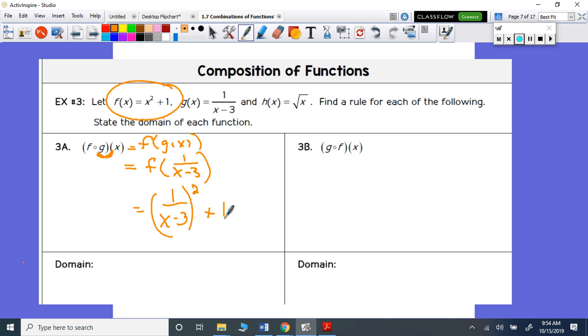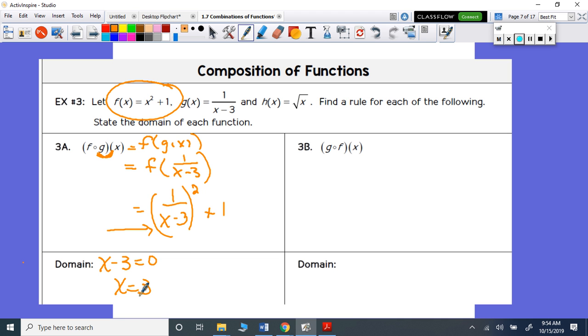The domain, on our quiz, a couple of us tried to do it on the calculator and they got the wrong answer. Remember, if you have a denominator, you need to set that denominator equal to 0, and when you solve for x, that gives you the boundaries. Our domain can be anything that does not give us a 0 in the denominator.